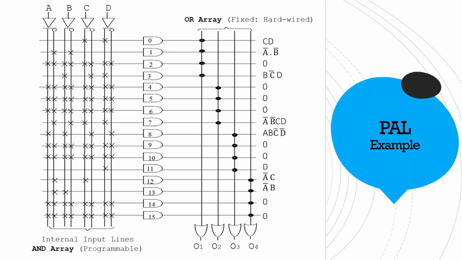Your hardware will have 4 inputs A, B, C, D and 4 outputs O1, O2, O3, O4. You design the connection in the software, you upload the design to the hardware and your hardware will work exactly the same. That is the purpose of PAL.